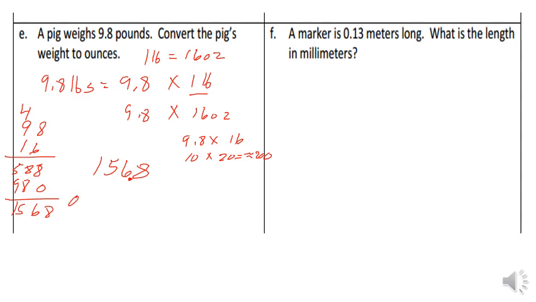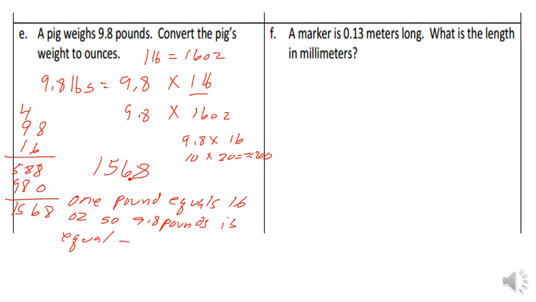So 1 pound equals 16 ounces. So 9.8 pounds is equal to 156.8 ounces.